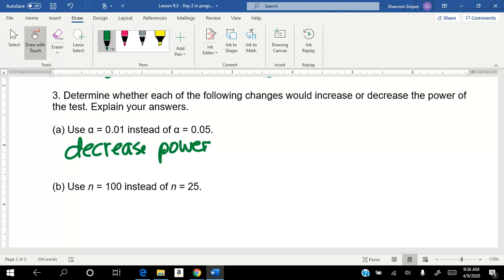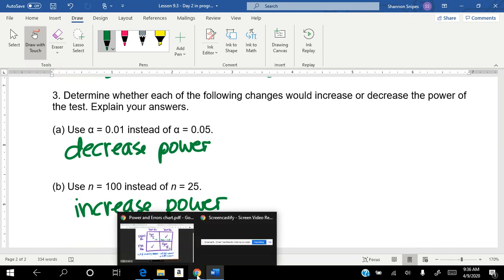Let's use a larger sample size. Let's go from 25 to 100. So if we increase our sample size, we are going to increase power. As I said earlier, using a larger sample size gives us way more information, which will make it more likely for us to make the correct decision about the null hypothesis.